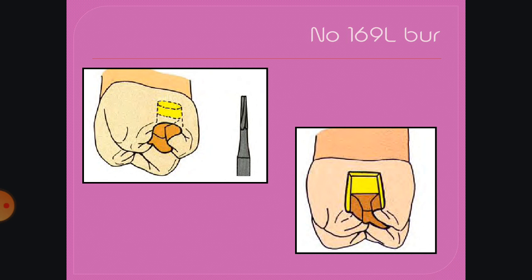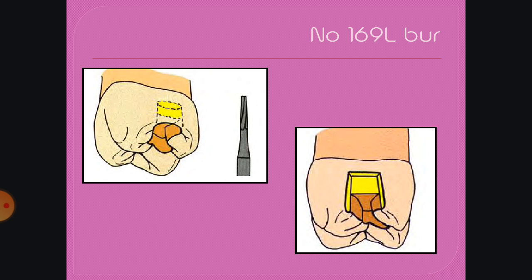You have to be very careful when using the hand instruments. You should not slip out of hand, and you should not traumatize the gingiva. So with the 169 L burr, we undermine the marginal ridge and prepare the proximal box. That is the function of the 169 L burr. You now have the occlusal preparation done, and the proximal preparation done.